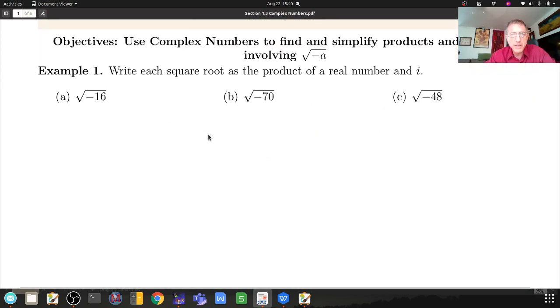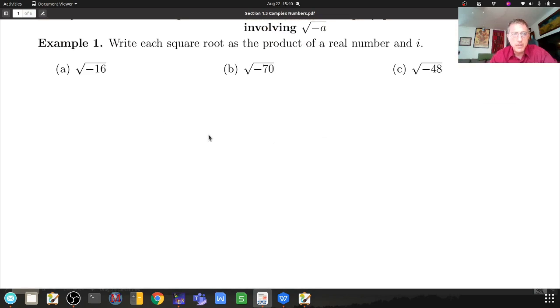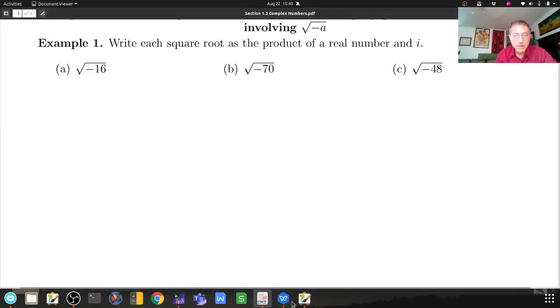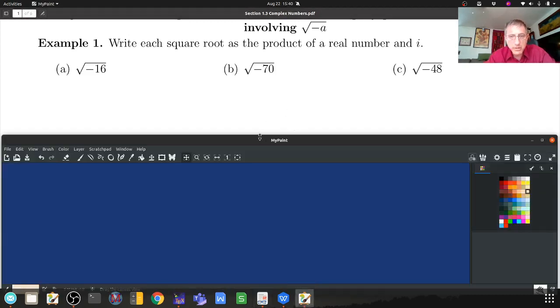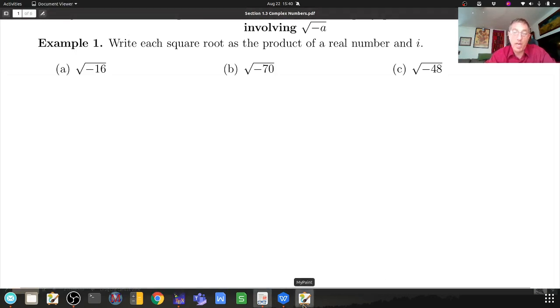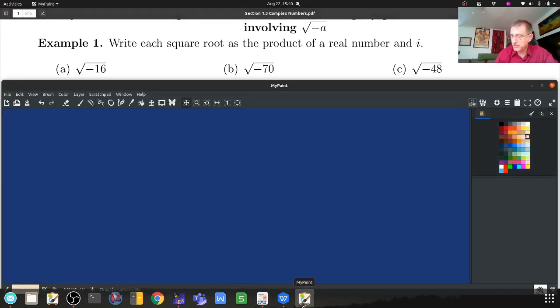So let's simplify these three expressions involving the square root of minus a. Let's do 1a.